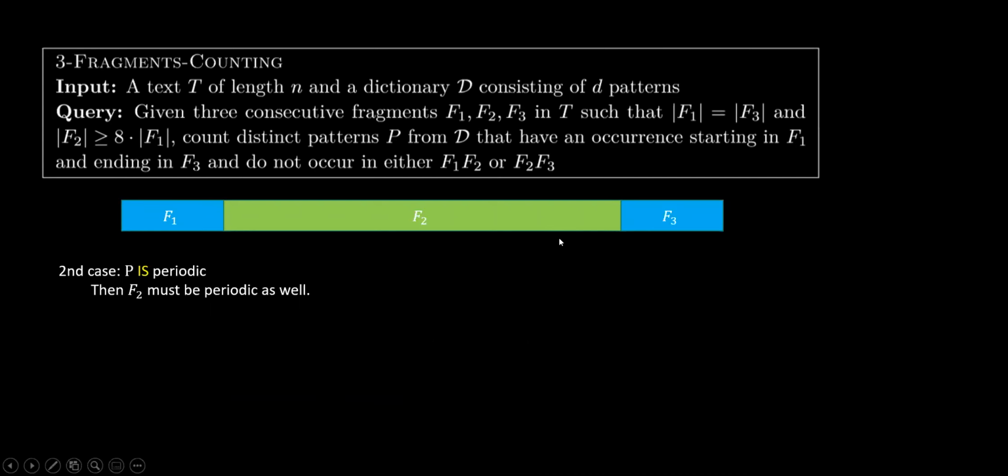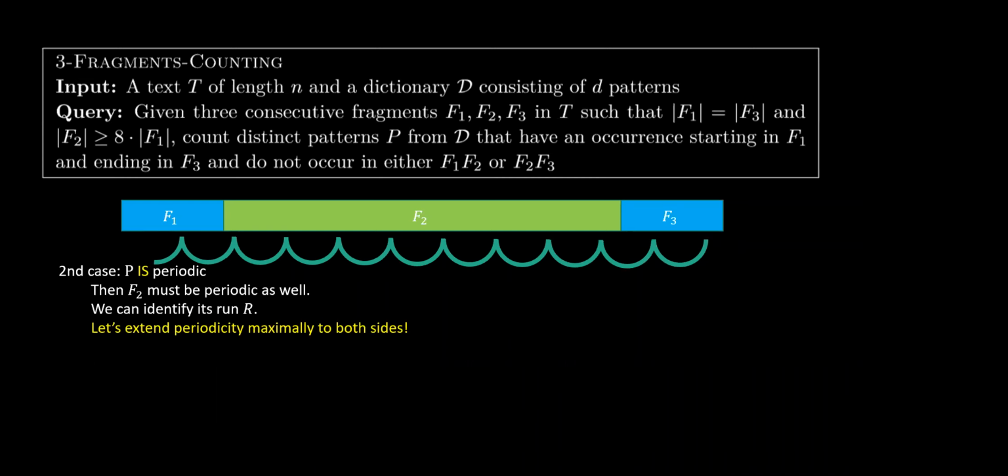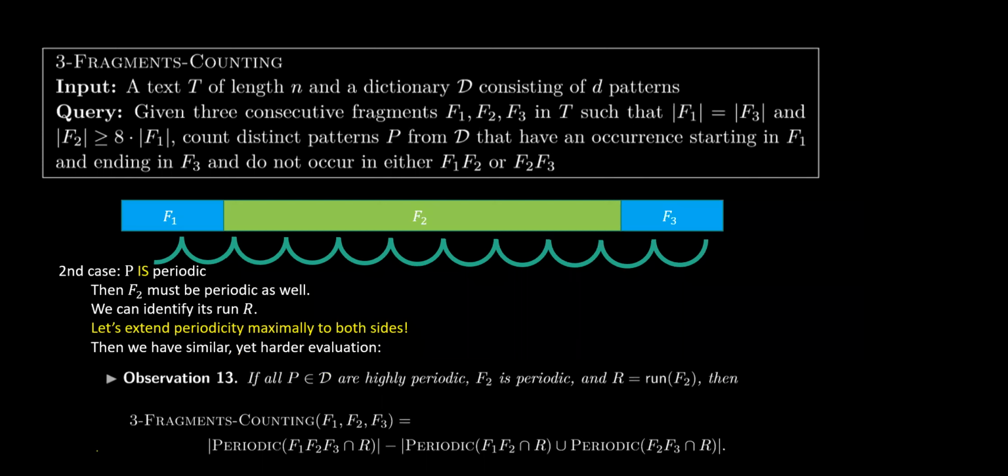So the second case is P is periodic. Then we can deduce that the middle is actually also periodic, and we can extend the periodicity to the left and to the right maximally. And then we would have a run. And then we get a somewhat similar evaluation.